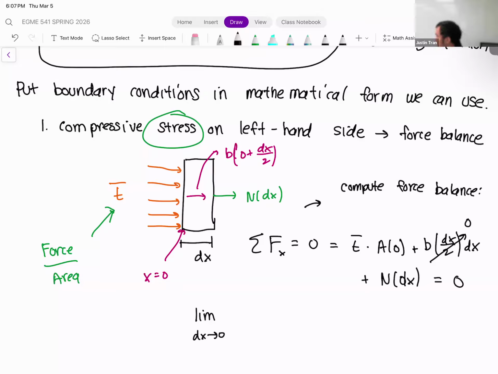If we take the limit as dx goes to 0, that means our b of dx divided by 2 multiplied by dx is going to go away because that has a dx next to it. And that means our internal force here is also going to be 0. So what we get is T bar multiplied by A naught is equal to negative internal force at x equal to 0.